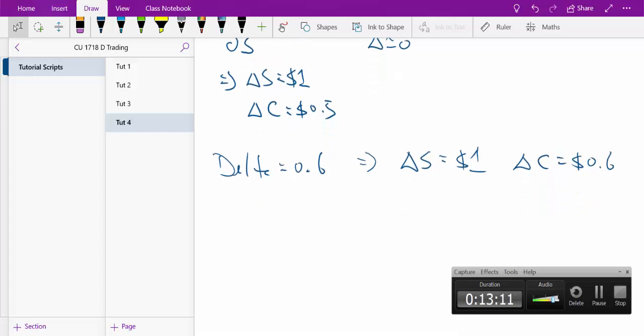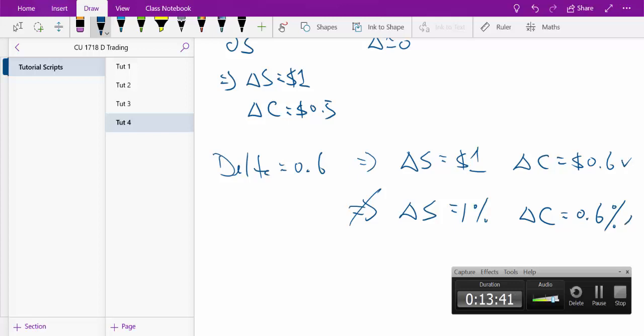What we are not saying is that when the stock changes by 1%, the option price changes by 0.6. We are not saying that. They are quite different concepts. This one is correct, this one is not.